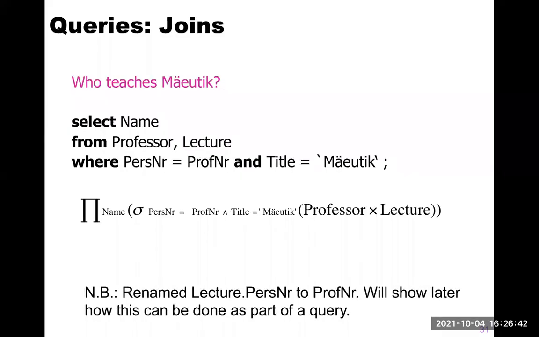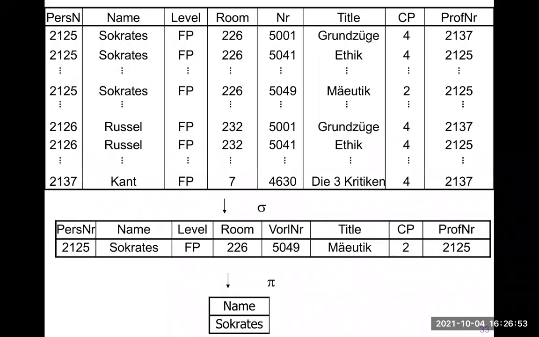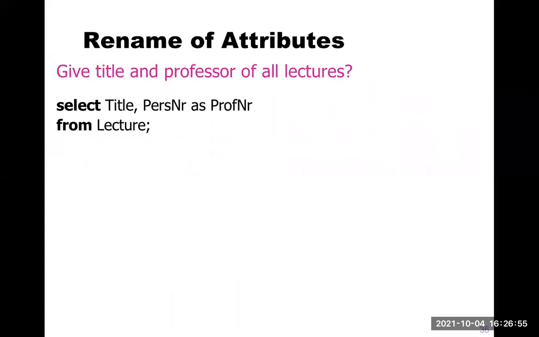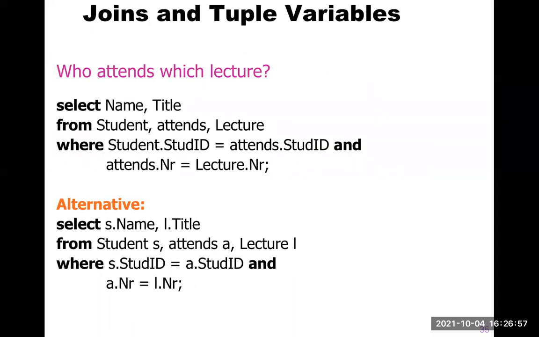Joins: the old syntax using a comma, and then we'll go to the modern syntax with the keyword join, and on, inner join, outer join, and so on. And we come somewhere here. To refer to tables, I need to refer to the column stud ID in table student and in table attends.